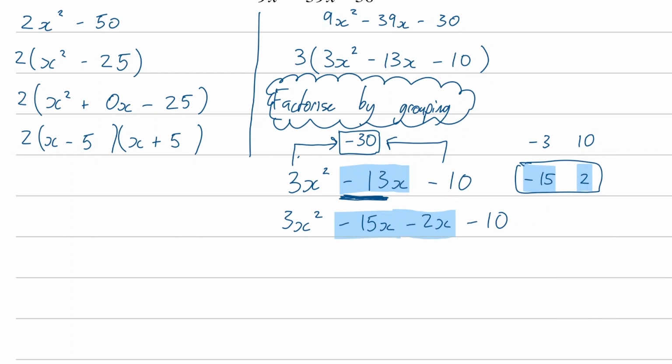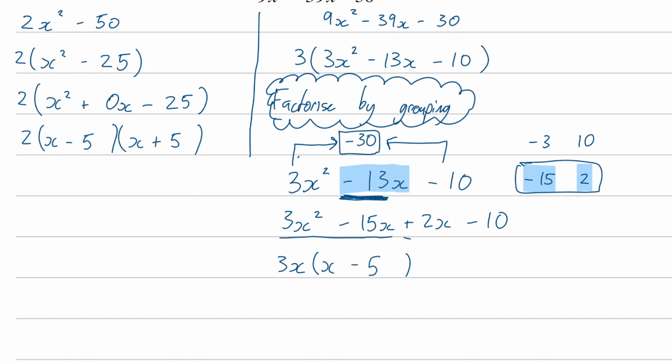Now the fun bit, we get to factorize it twice. Looking at the first half of this expression, what is the highest common factor? I see a factor of 3 in both, right? 3 goes into 3 once, goes into negative 15, negative 5 times. I also see an x. And what are we left with? 3x times what gives us 3x squared? x. 3x times what gives us minus 15x? Minus 5.